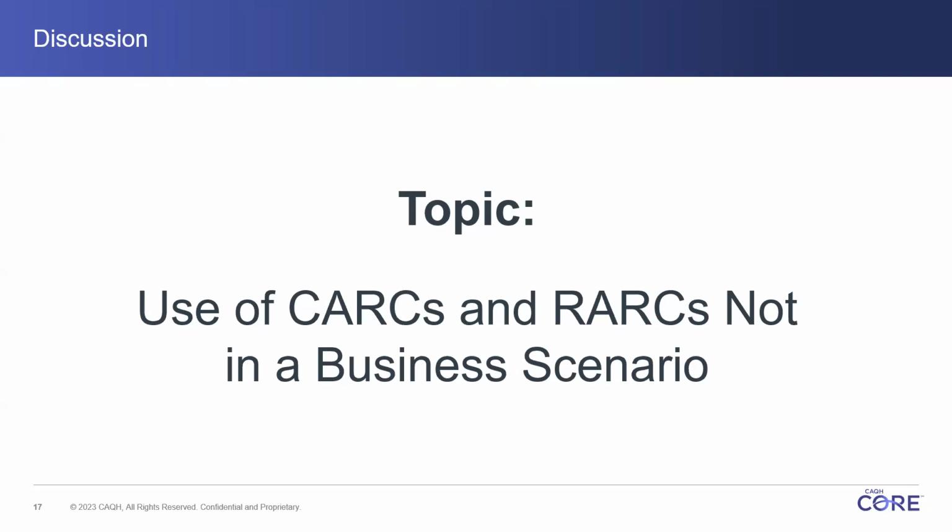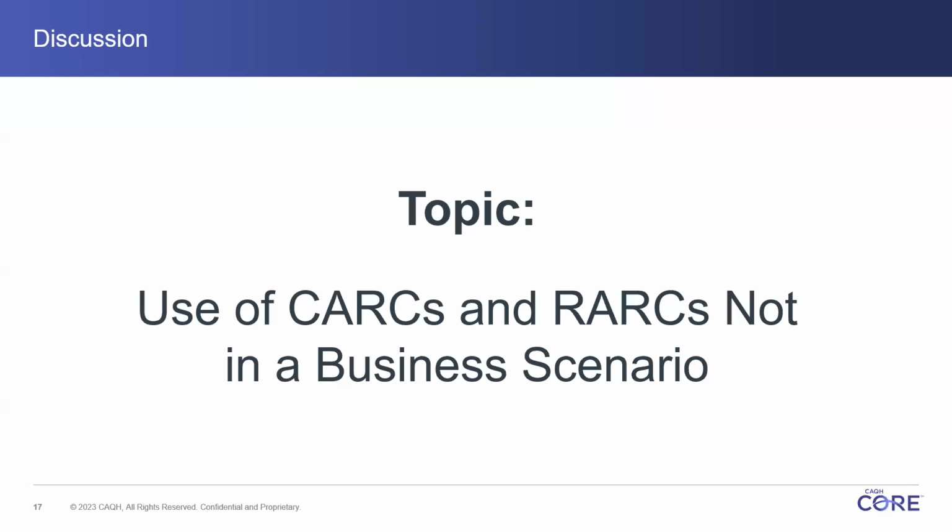Yeah, agreed. And looking at the CARCs and RARCs, just talking generically, there are some CARCs that clearly say you have to use a remark code. That's not always happening, but that's a guide. It's strong. It's required. It's not even guidance. It's required that you add a RARC.